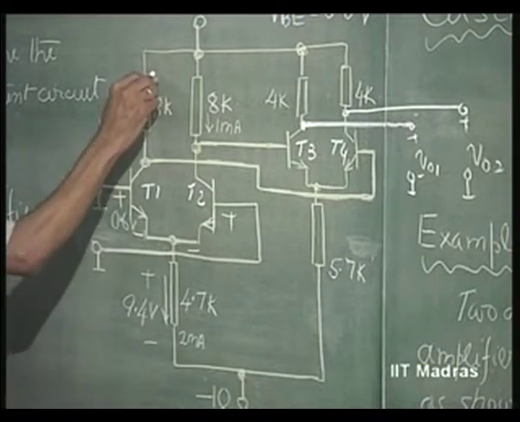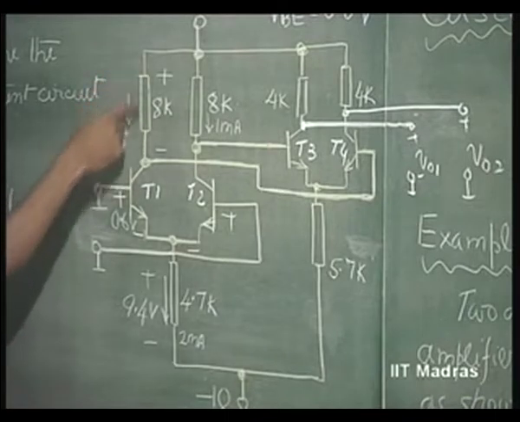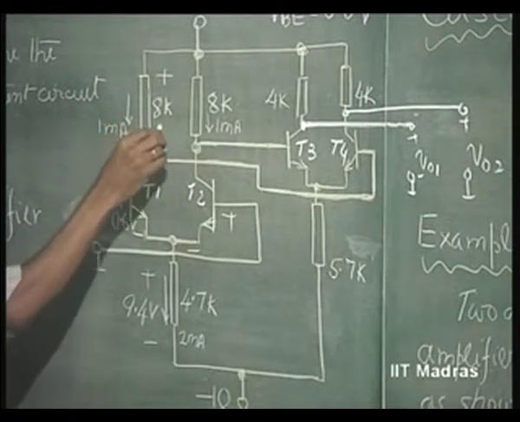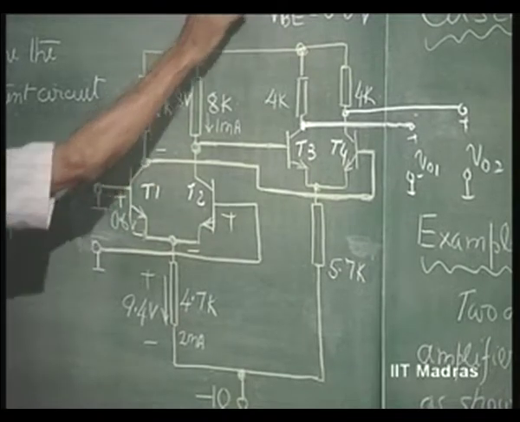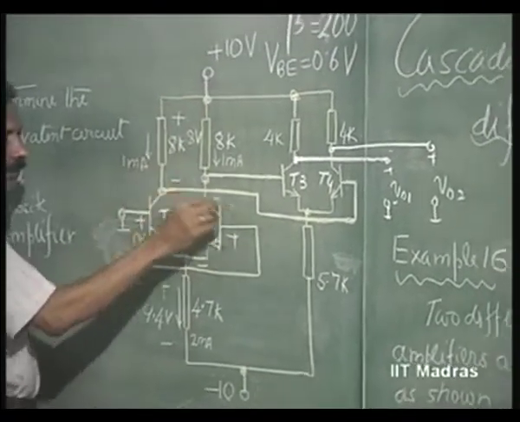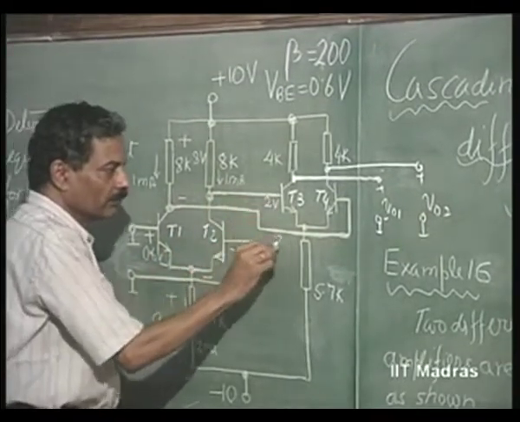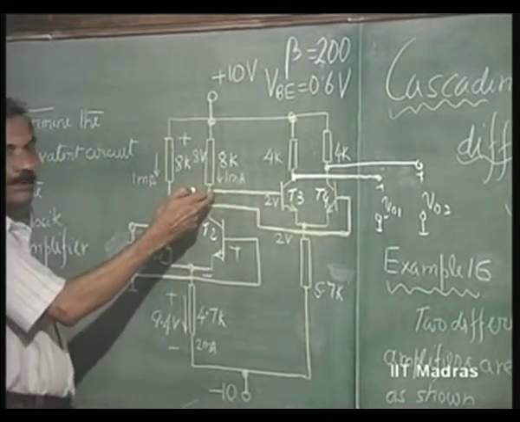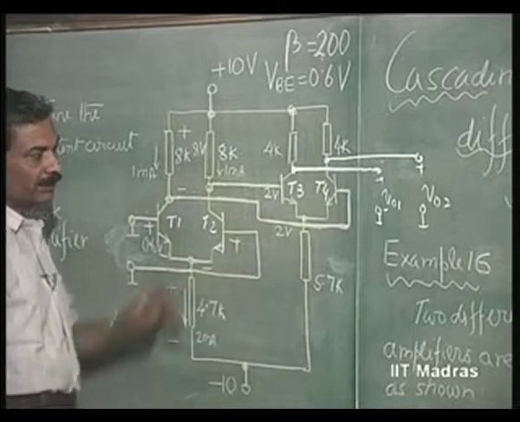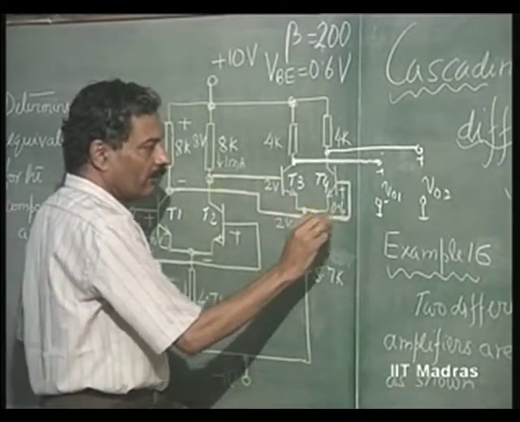Then the drop across this is going to be 8K into 1 milliampere, which is 8 volts. So, 10 volts minus 8 volts, this voltage is at 2 volts. Again we have a drop of 0.6 here.